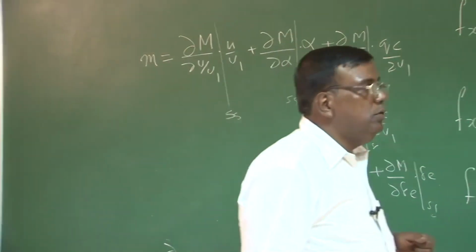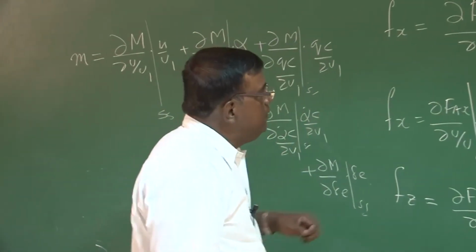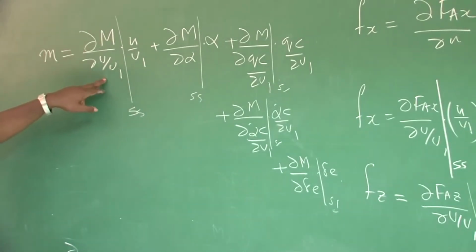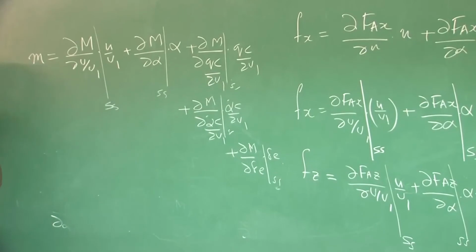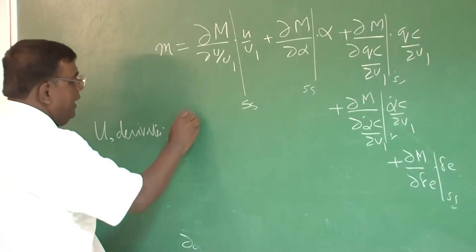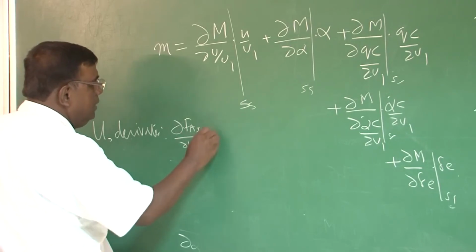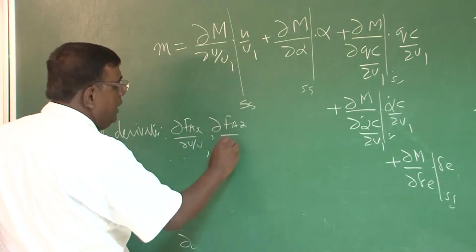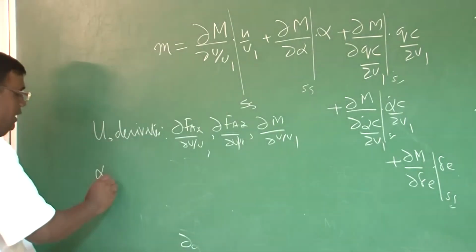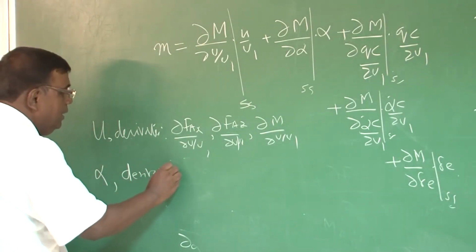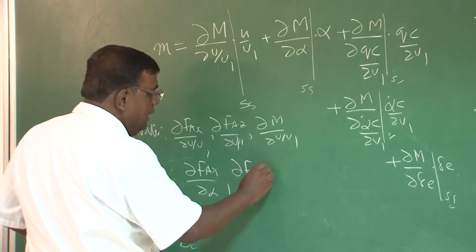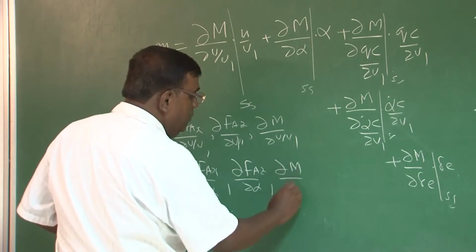And how we are going to categorize them for our own understanding: we will say dfx by d u by u1, dfz by d u by u1, dm by d u by u1 will be referred to as u derivatives. There are alpha derivatives, which will be dfax by d alpha, df az by d alpha, dm by d alpha.